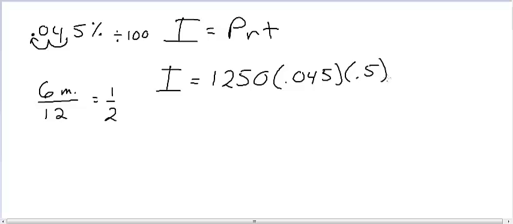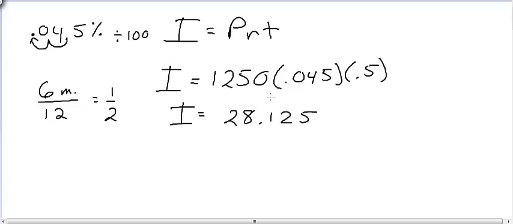And always, unless otherwise stated, we want to assume our time to be given in years with these kinds of problems. So when we multiply everything out, we'll end up with $28.125.